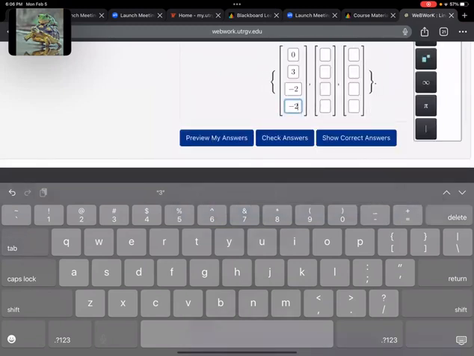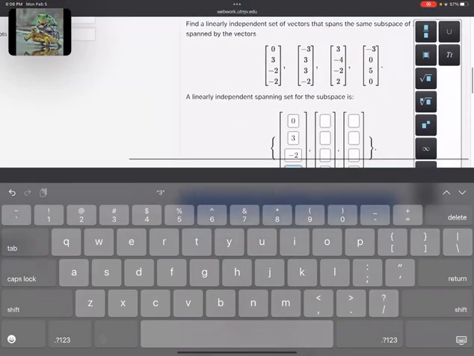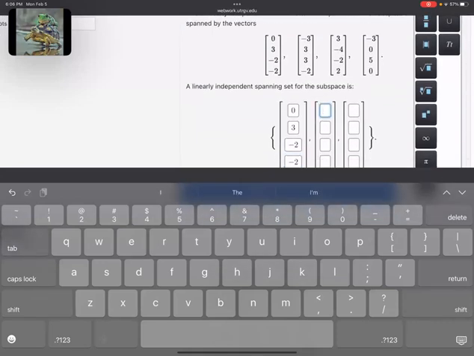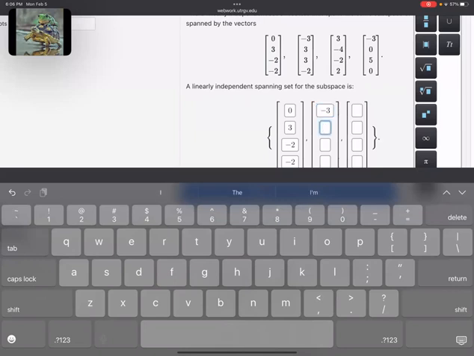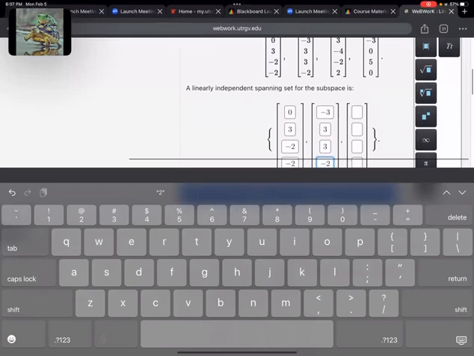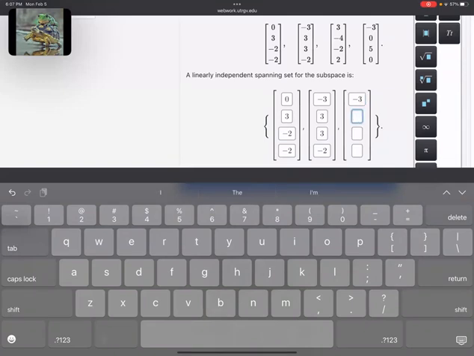What is the other one? Minus 3, 3, 3. But I think either way, one of the two in the middle would work. Minus 2. Minus 3, 3, 3, minus 2. And the other one is minus 3, 0, 5, 0.